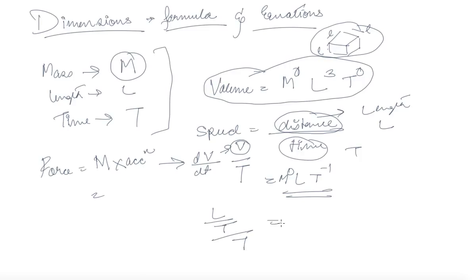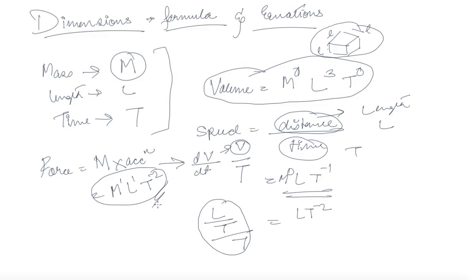So the dimension of acceleration becomes L T to the power minus 2, and we have force equals mass into acceleration. So M to the power 1, L to the power 1, T to the power minus 2 is the dimension of force. So in this way, by applying different techniques, you can understand what dimensions are.